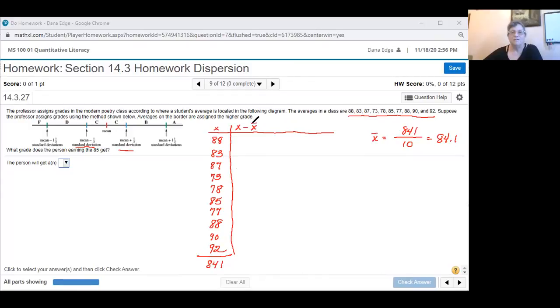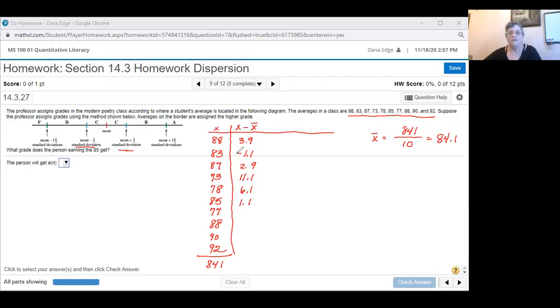Now I need to get X minus X bar. So 88 minus 84.1 is going to be 3.9. 83 is going to be a negative 1.1. 87 is going to be 2.9. 73 is 11.1. 78 is going to be 6.1. 85, 1.1.